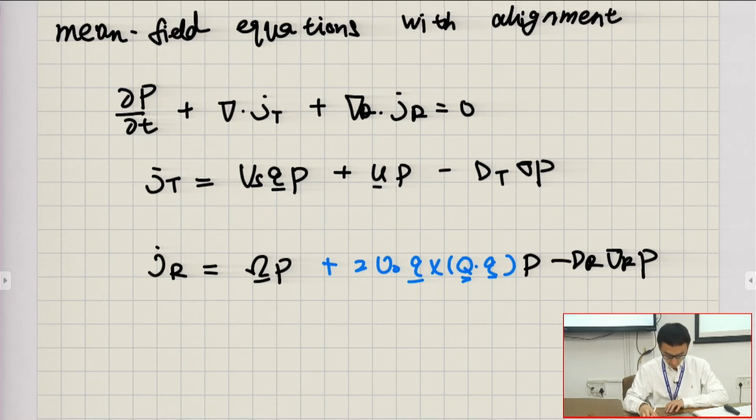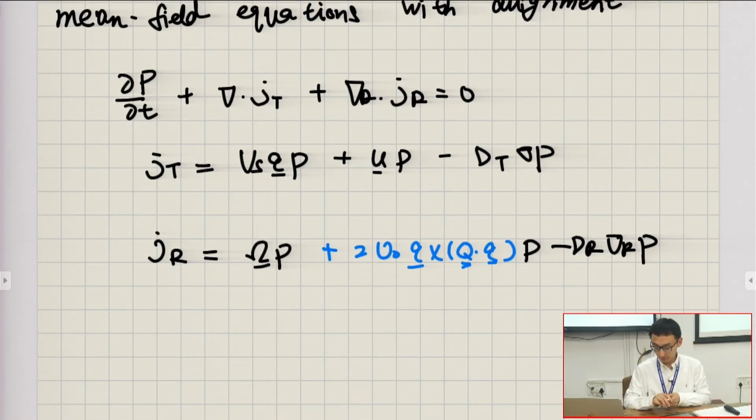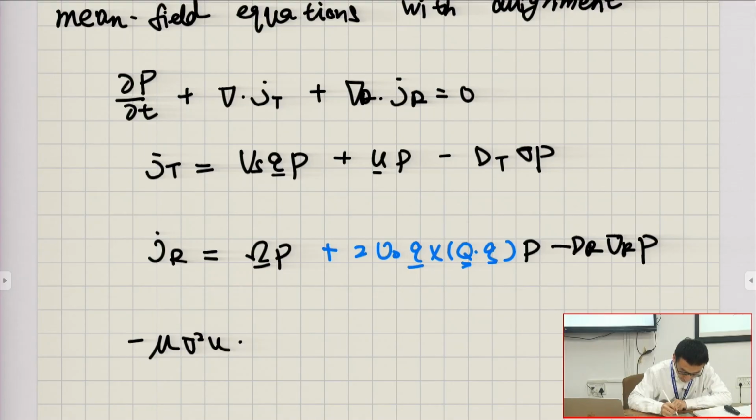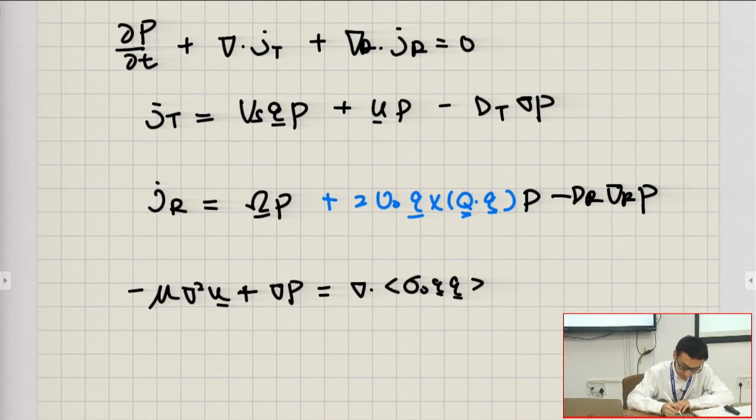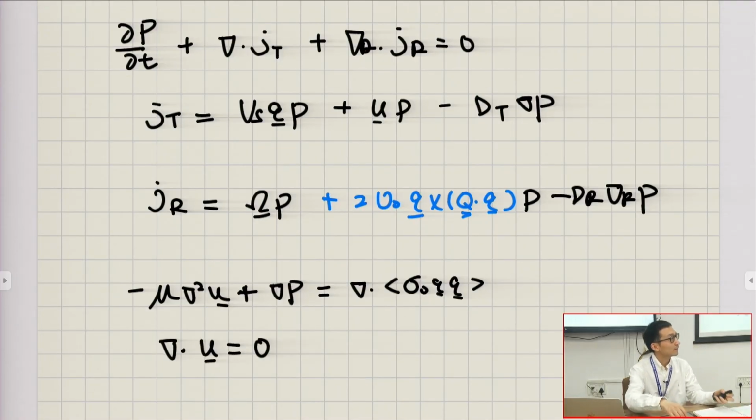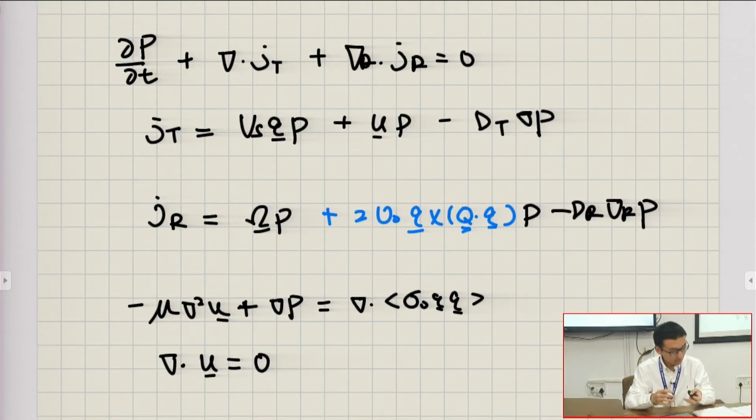It's just in this term. And we still have our mean field equations for the flow field. So that's good.